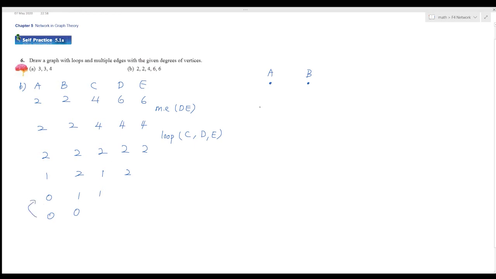We add in the vertex C. C will be connected to vertex B, so that both of their degrees will be 1.